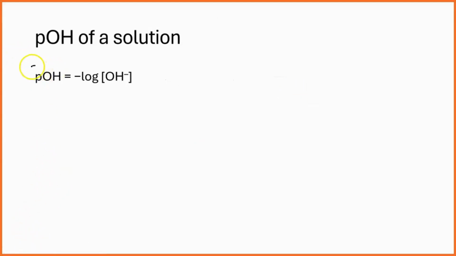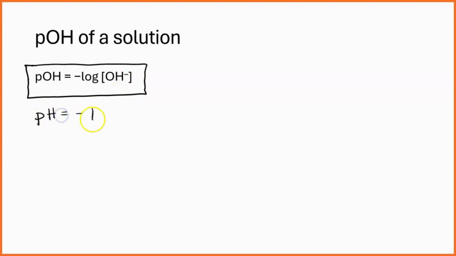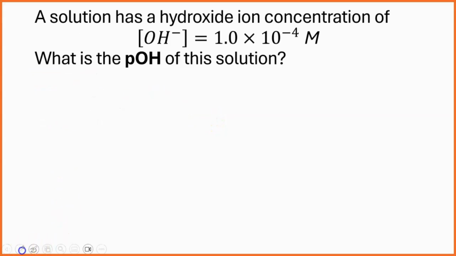Another formula looks really similar to one we just saw, but this one is pOH equals the negative log of the hydroxide concentration. The one we previously saw was about the pH is the negative log of the H+. So let's use this formula to find a pOH.